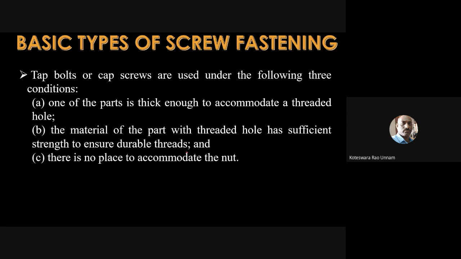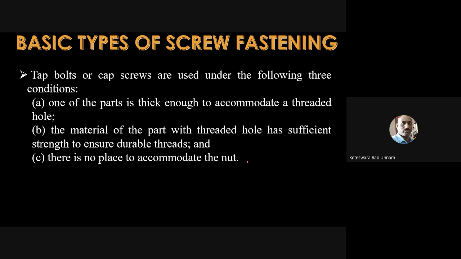Finally, the third one is that there is no place to accommodate a nut. If there is no place to accommodate a nut, then definitely you need to go for tap bolts only. So these three conditions are quite opposite to the previous three conditions.